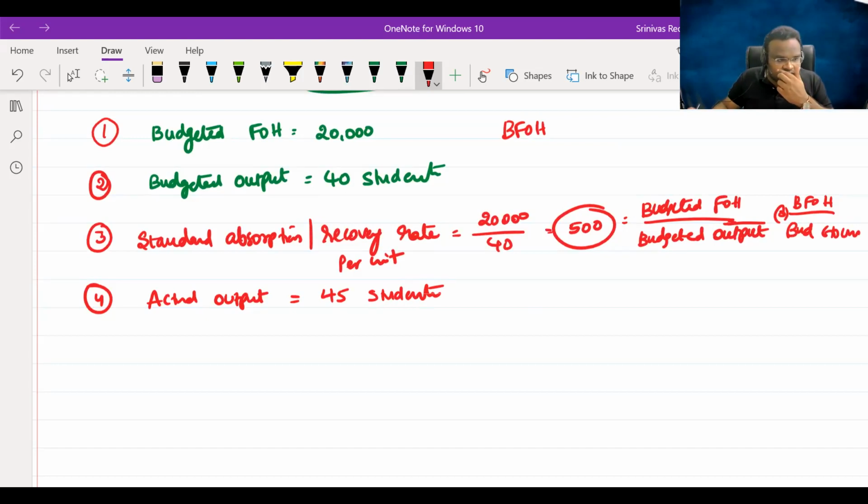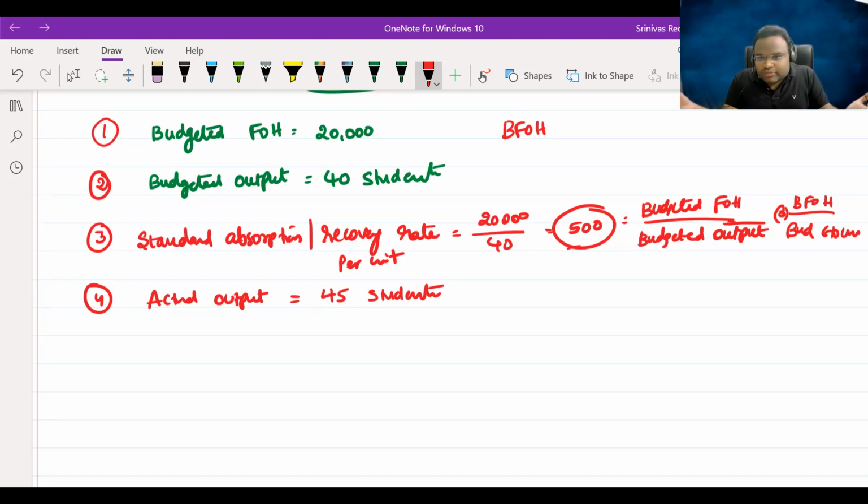See carefully. From each student, I decided to recover how much amount? 500 rupees. Now, the actual number of students registered is 45. Tell me whether I recover 500 only from 40 students, or from 45 students.